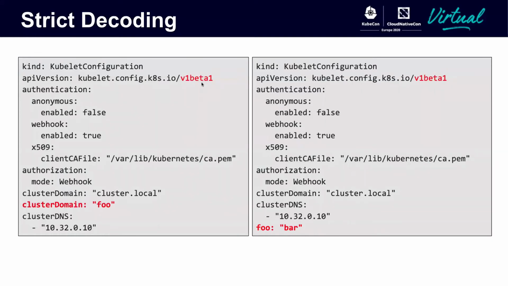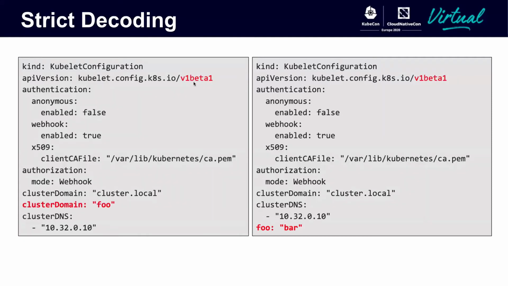So what would happen? People would upgrade. Let's say someone has this config here and has a duplicate field. The change would get into the tree, and the user would upgrade their kubelet. And the kubelet would fail, which would break the cluster in the worst case. This is not something I as a user would expect. Because this version didn't change, why is my cluster not working?